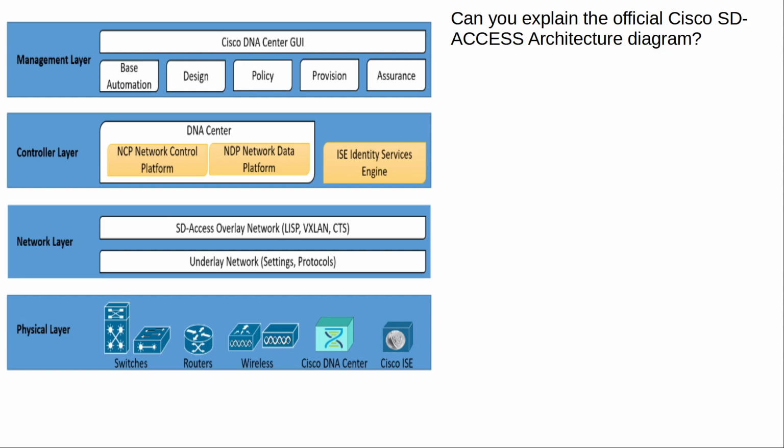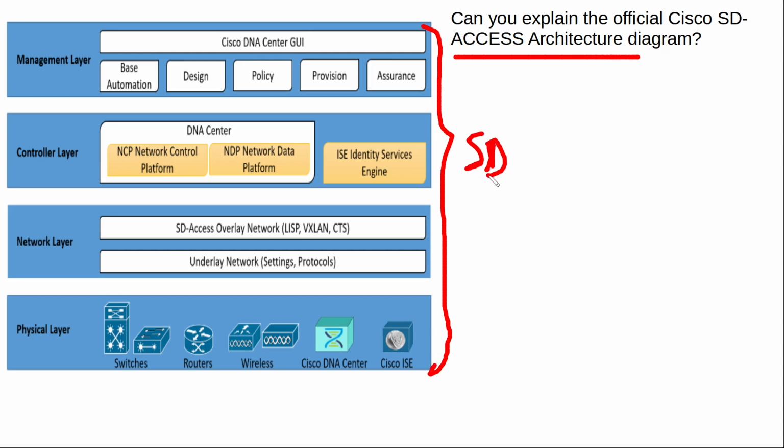Last question. Can you explain the official Cisco SDA architecture diagram? Remember that when Cisco released SDA, they released this architecture diagram, talking about the physical layer, network layer, controller layer, and management layer.